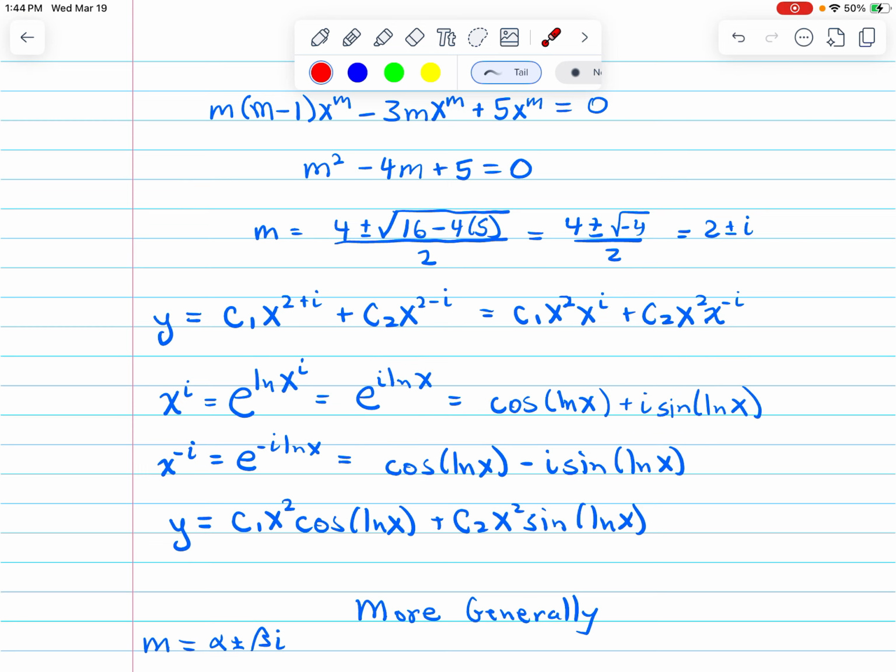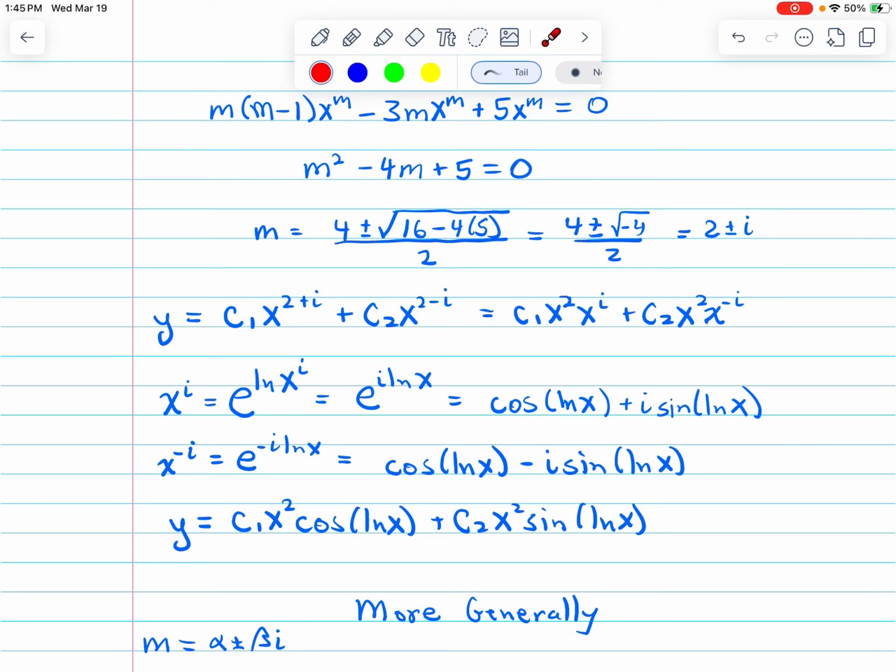We've observed that before, that we can rewrite this e with cosine and sine. Now, also, x to the negative i I can write this way, which I can then in turn write this way. Notice the only thing that's changed is the plus and the minus.